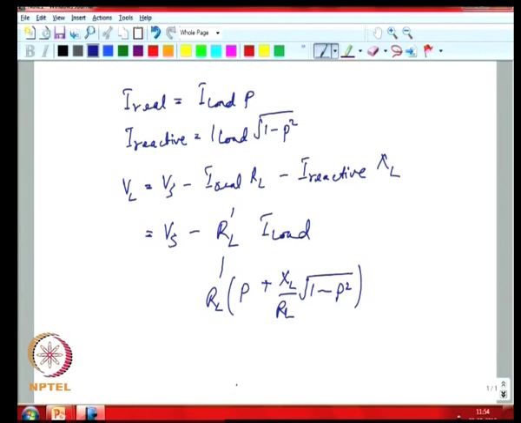So, you can see that what we have done is we have taken a solution which would have been in the phasor domain, and simplified it into an algebraic equation. Every phasor is a complex number, so it carries two real values in it. Here we have now reduced it to just one real equation.